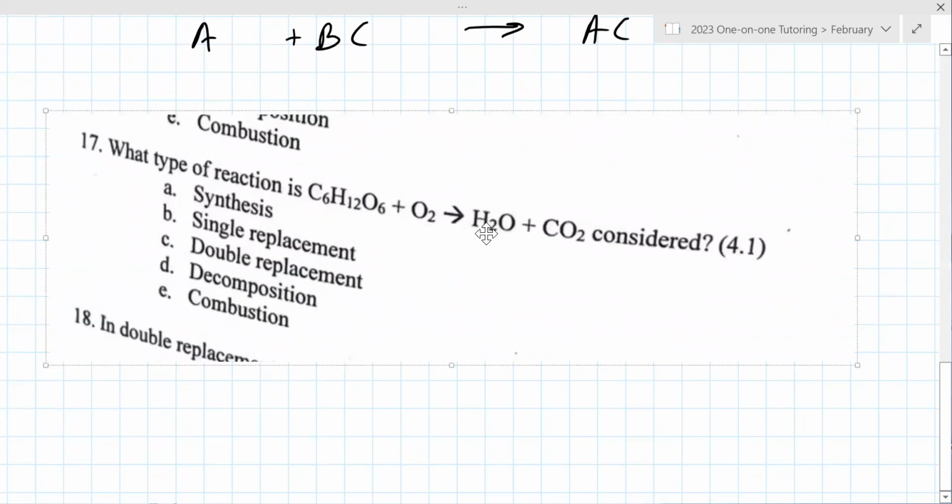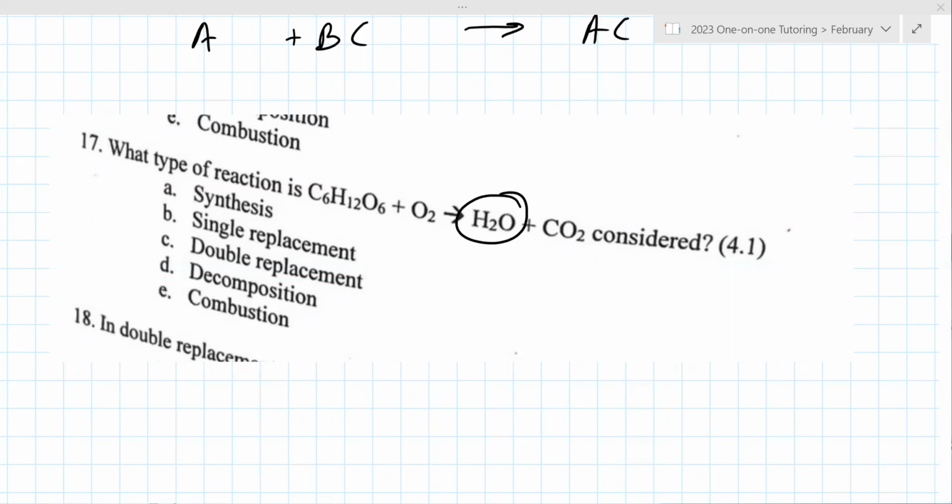But one of the things here, when water is formed, that's a big deal. Water is formed. Does that mean anything to you? Is there a combination in there? So no, but that should draw you in.